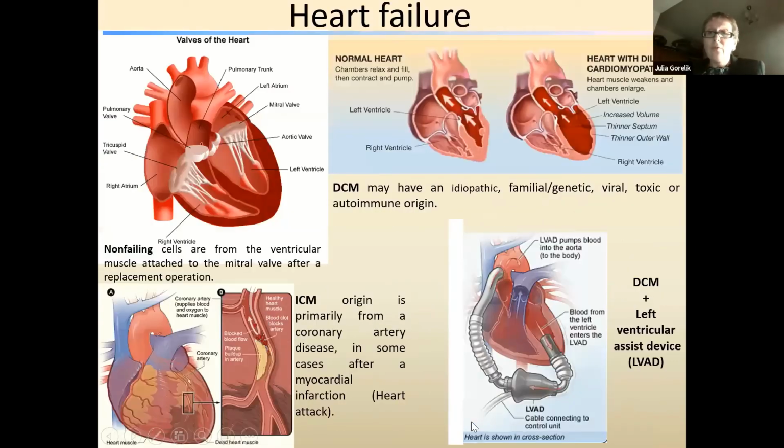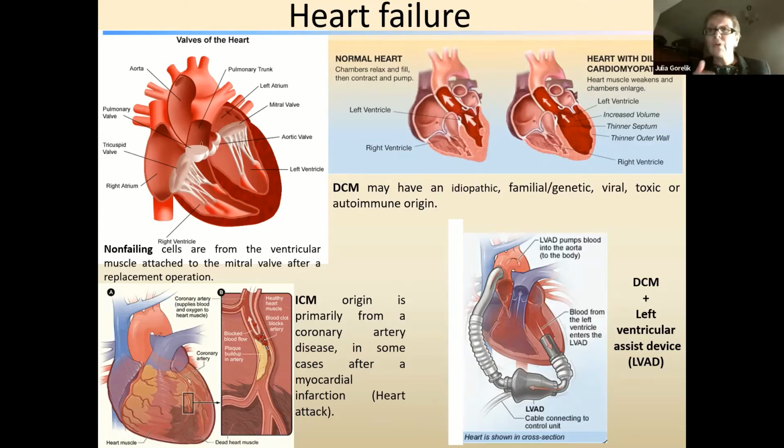So, of course, what happened in the patients? We now have access to the transplant program, and we use the cells and also slices from the patients with dilated cardiomyopathy, with ischemic heart disease, and also patients with the left ventricular assist device, which can pump blood into the aorta to the body.